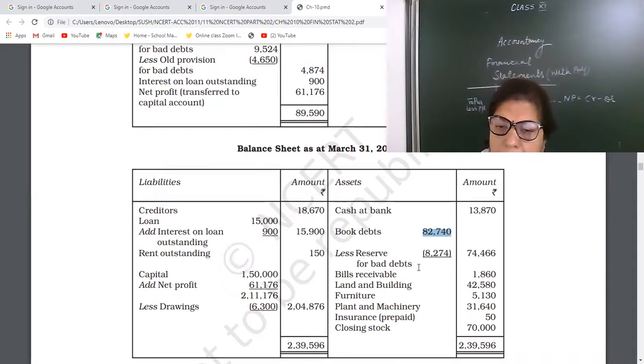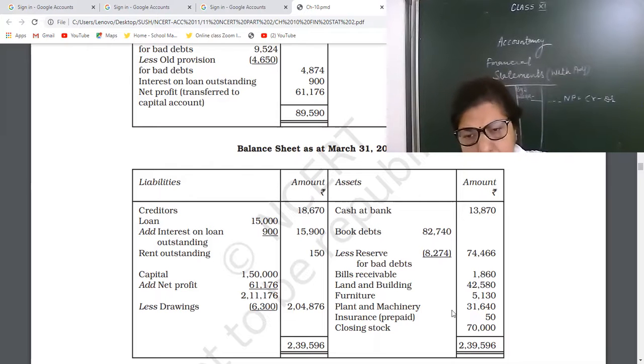Now, because we are making provision for that, the remaining amount will be asset. Bills receivable, asset. Land and building, asset. Furniture, asset. Plant and machinery, asset. Insurance, prepaid. See, outstanding is liability, prepaid is our asset.